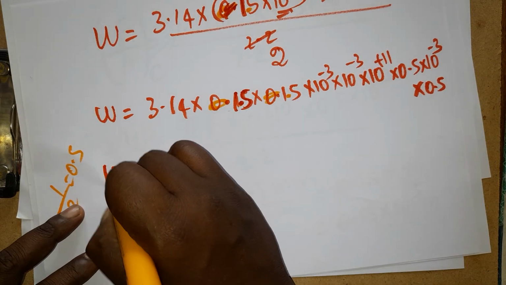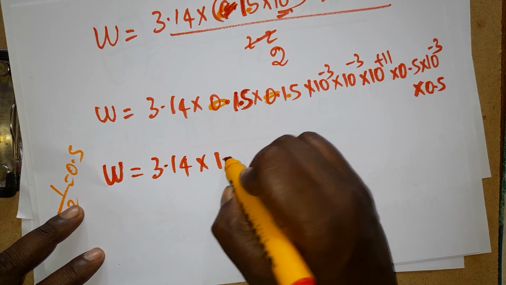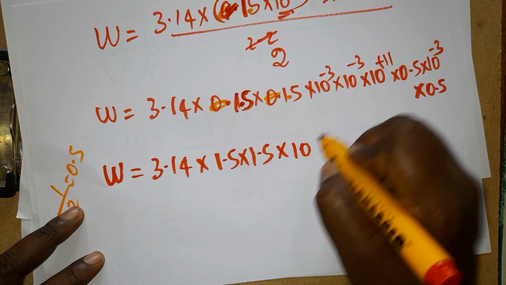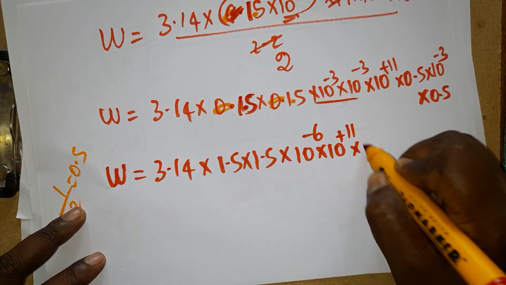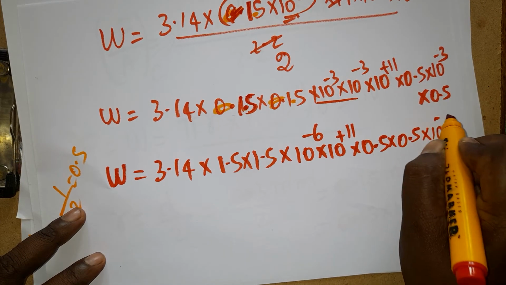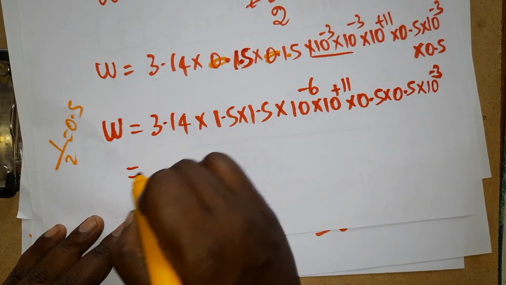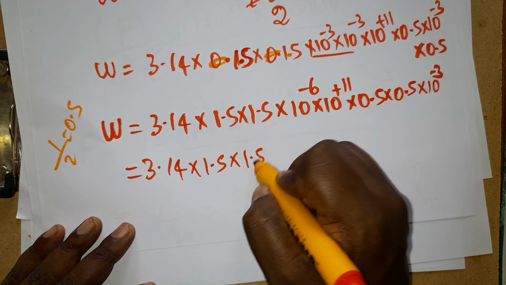So now finally weight is equal to 3.14 into 1.5 into 1.5, which is the radius, 10 power minus 6 into 10 power plus 11 into 0.5 into 0.5 into 10 power minus 3. So now 3.14 into 1.5 into 1.5.